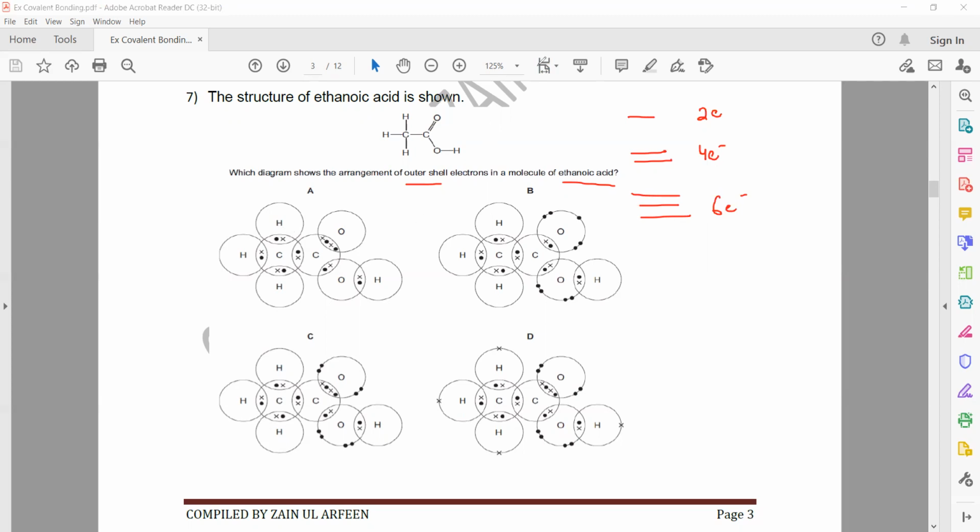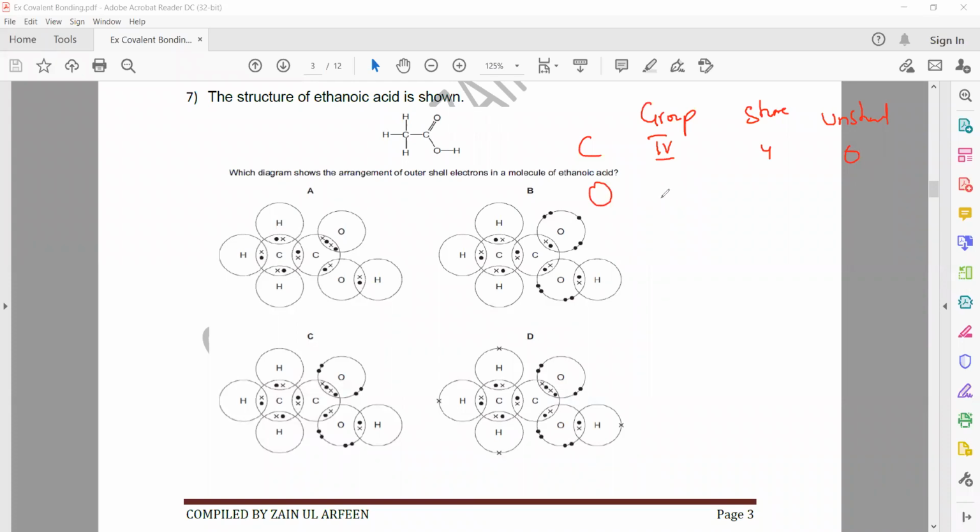We can check according to the group number as well. Carbon belongs to group 4, so it will share 4 electrons, and the number of unshared will be 0.